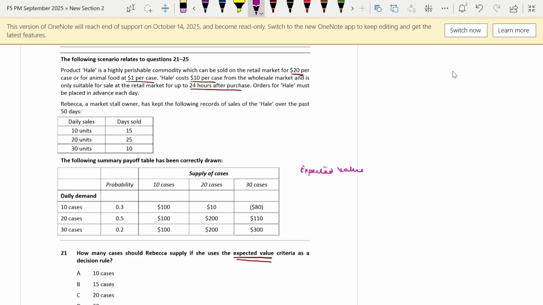So for 10 cases, this is column 1, column 2, column 3, and so on, 2 times 3, 2 times 4, 2 times 5. How much is there? Check. 0.3, 30; 0.5, 50; 0.2, 30, 20. How much will you get? 100.